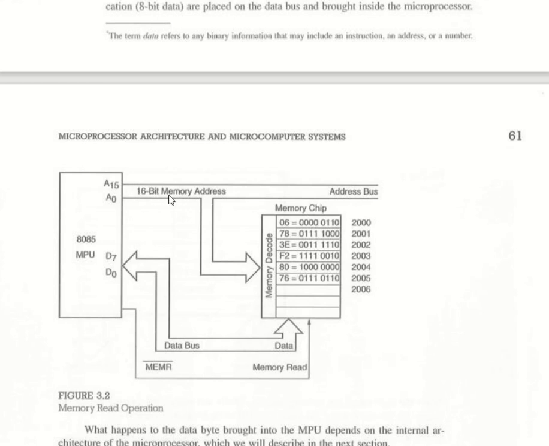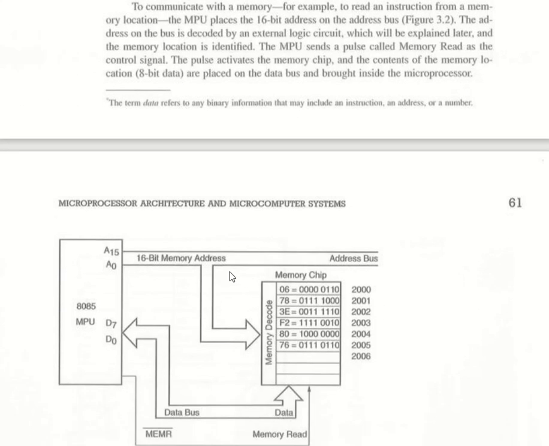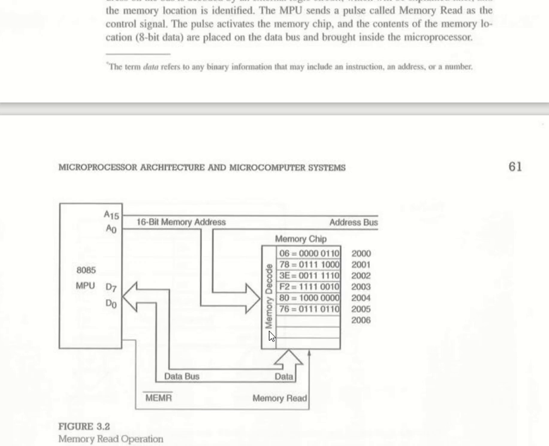So this is my address bus, and we feed it to the memory chip for the decoding process, and the address on the bus is decoded by the external logic circuit, right? And that's how we identify the memory location.